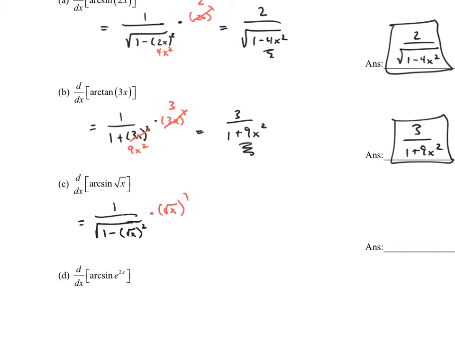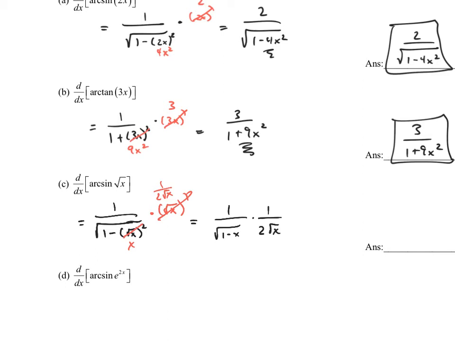Square root of x squared is an x, and the derivative of the square root of x is x to the 1/2, so that'd be 1/2 x to the negative 1/2, which is 1 over 2 root x. So what happens when we put that together? Well, I see 1 over the square root of 1 minus x, times 1 over 2 root x.